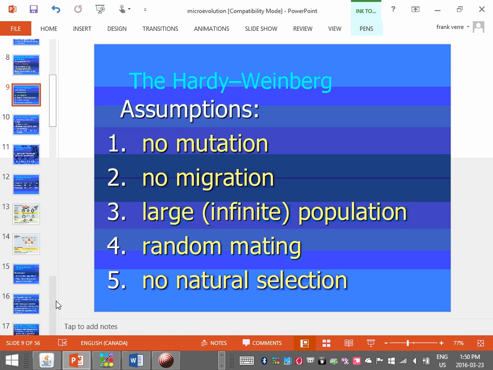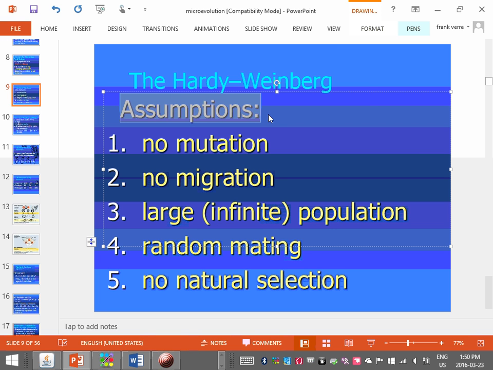And here are the 5 reasons. Remember, these are the assumptions that we use to make the math work, right? We assume no mutation, no migration, population's big, population has random mating, and there's no natural selection. Which of the 5 do you think is being violated in that example?